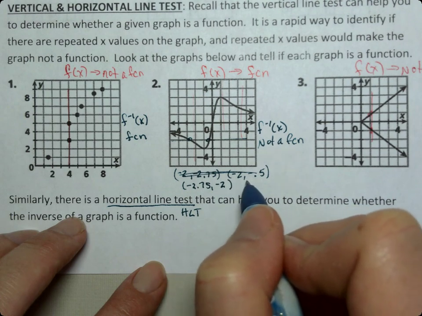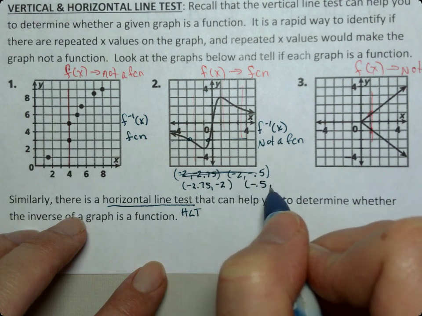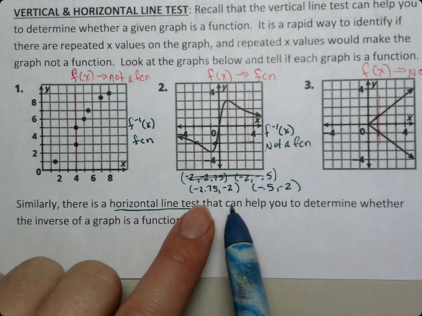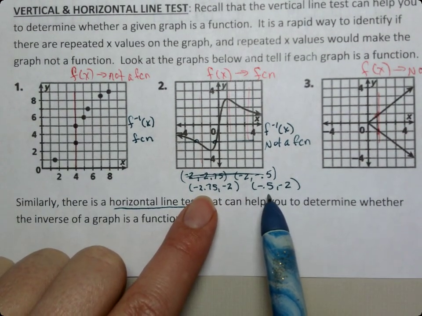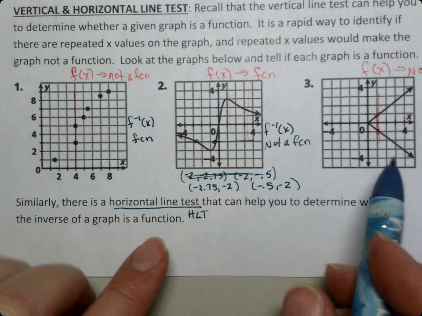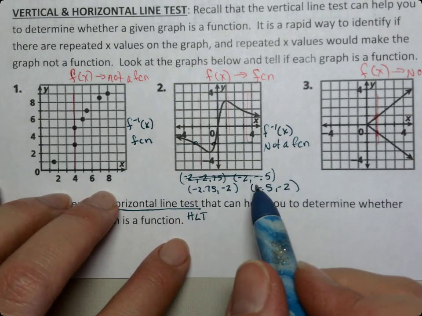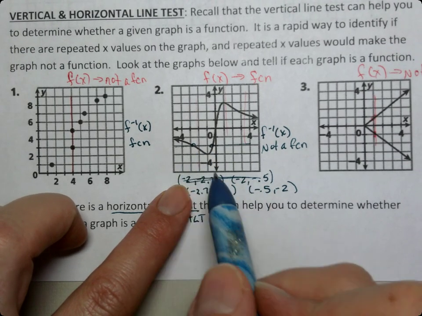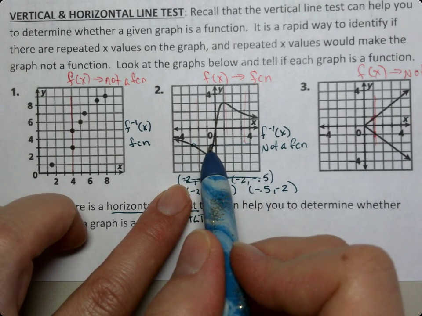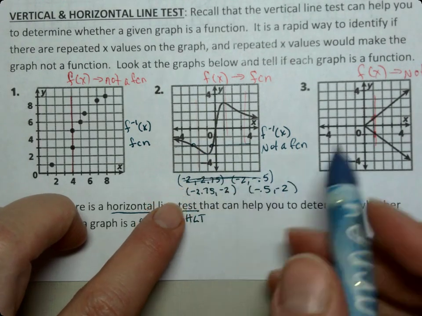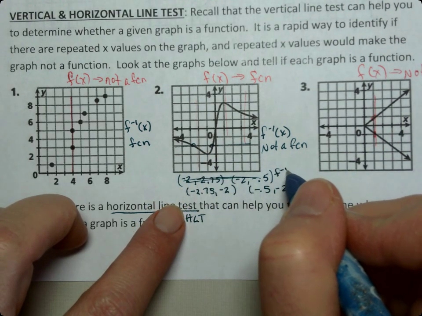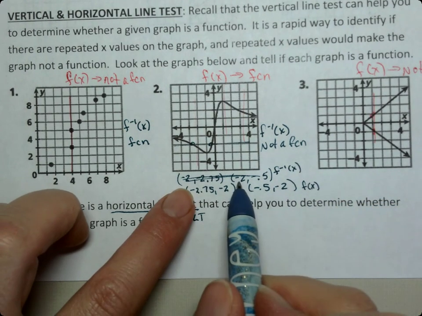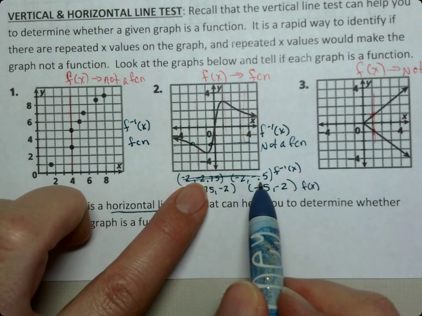And -0.5 and -2. Okay, so here's the deal. I was going backwards. The original point, every x has exactly one y. But if I flip the point and make the inverse, then it doesn't, because the y value has more than one x. And so this would be like the inverse function here, and this would be like the original function. So this x on the inverse would have more than one y.